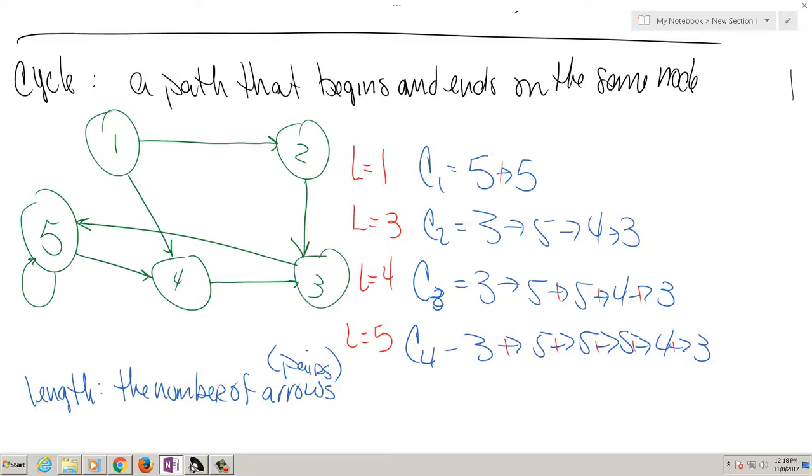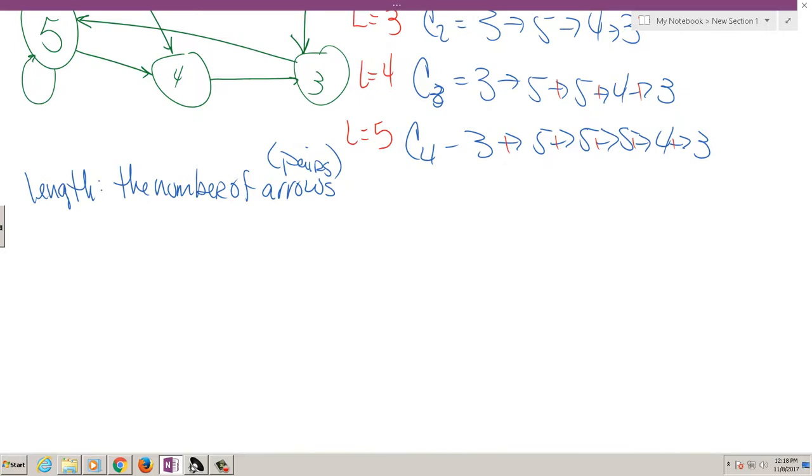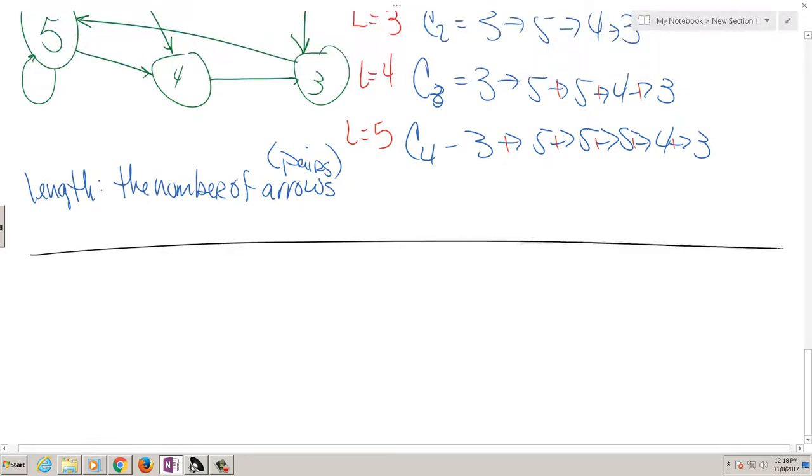So given this particular, let's see if we can come up with another one. Because one of the things that I might ask you to do is, I don't know, list paths. I might ask you to list all paths of length 2. I'll give you a length.